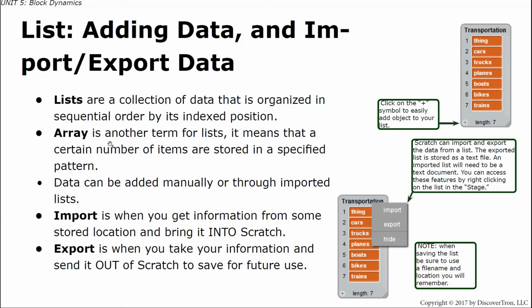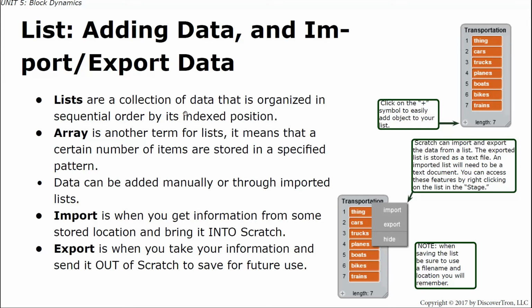Now over here, this term array is another term for a list, and it basically means that a certain number of items are stored in a specified pattern. And this would qualify as an array because we do have a specified pattern on how the information is entered. You typically see the term array when you get into more complex languages like Java and C# and C++.